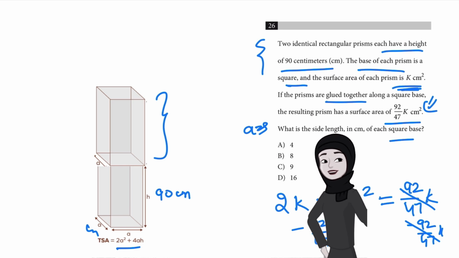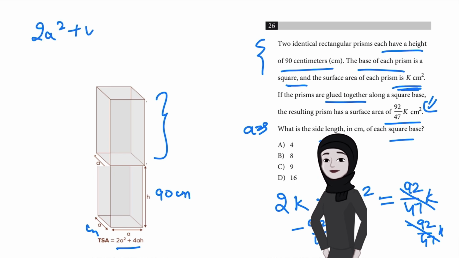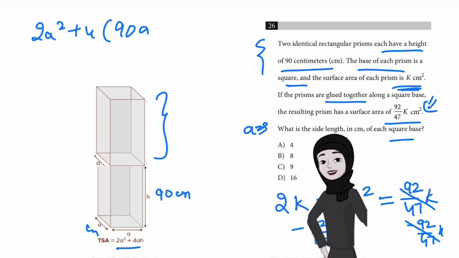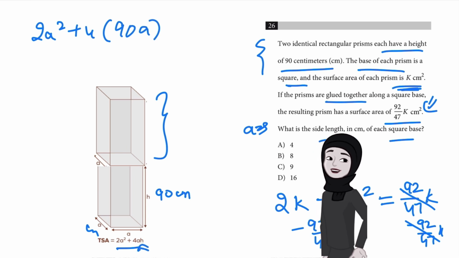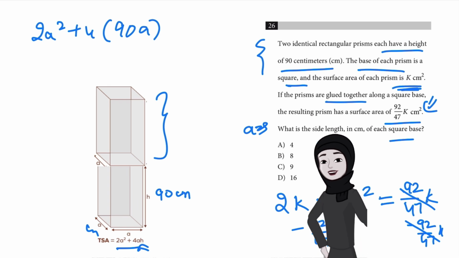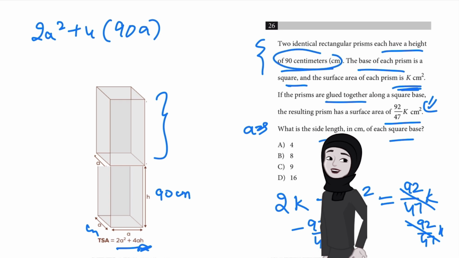Okay, so therefore the surface area of each rectangular prism can be represented by 2a squared plus 4 times 90a, because the formula is shown over here, 4ah. So 4 times 90a, and h is 90, that is given.